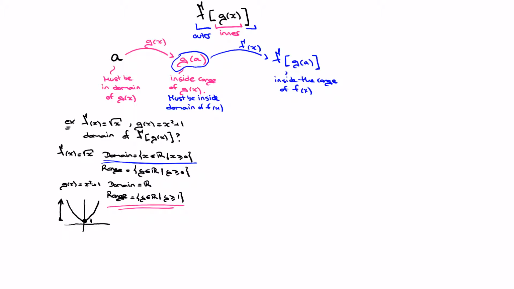So we can see that the domain of the outer function is all real numbers greater than or equal to 0, and the range of the inner function is all real numbers greater than or equal to 1. And it quickly becomes quite clear that any number greater than or equal to 1 is also greater than or equal to 0.